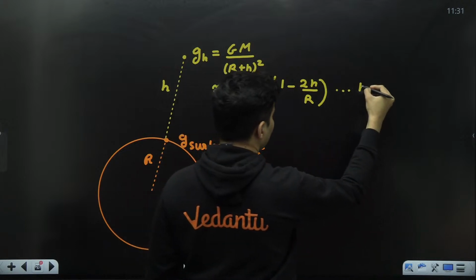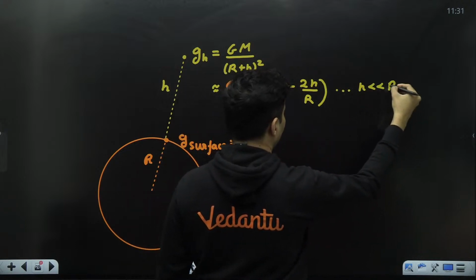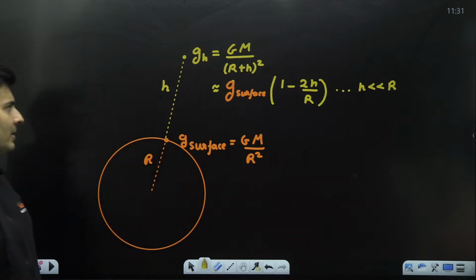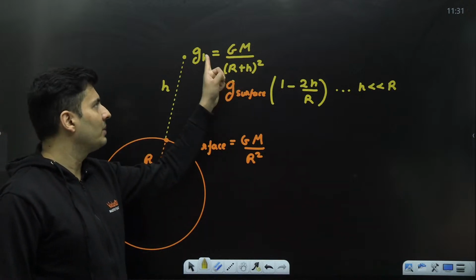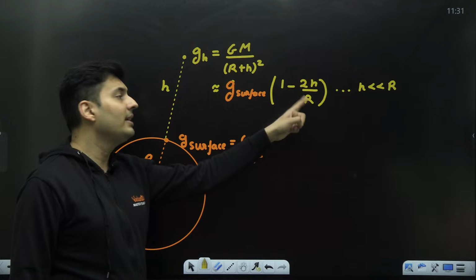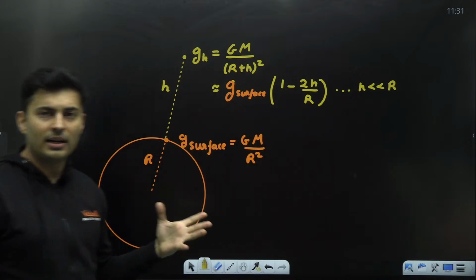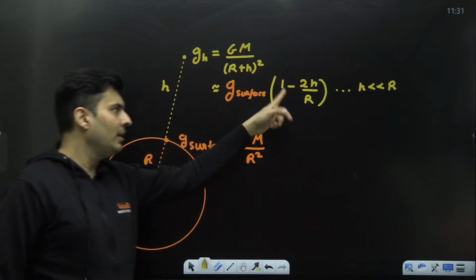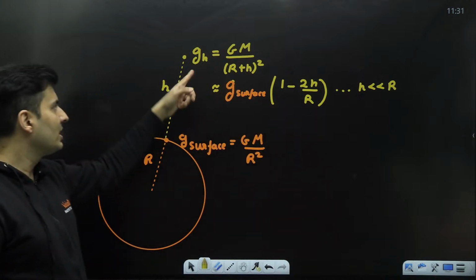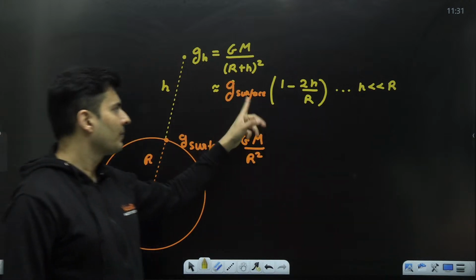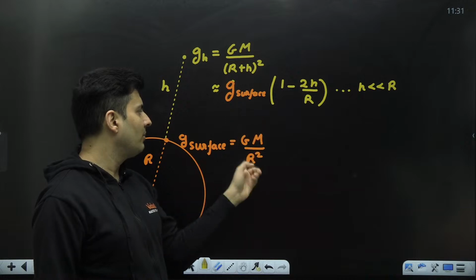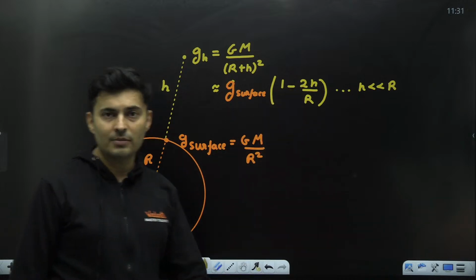This approximation is valid when h is much smaller than the radius of the Earth. This is the exact formula, that's why equal to. But when height is very small, like few hundred kilometers or few meters, then you will use this formula, which is at height h, G on the surface, same thing, Gm by r square, 1 minus 2h by r.